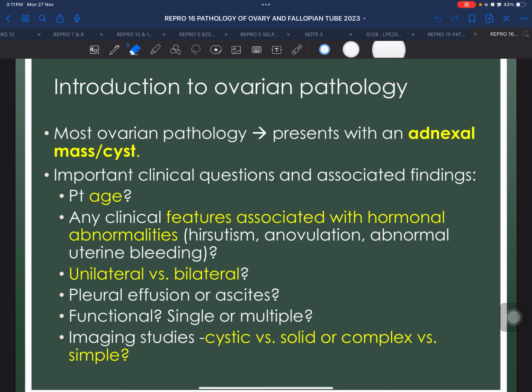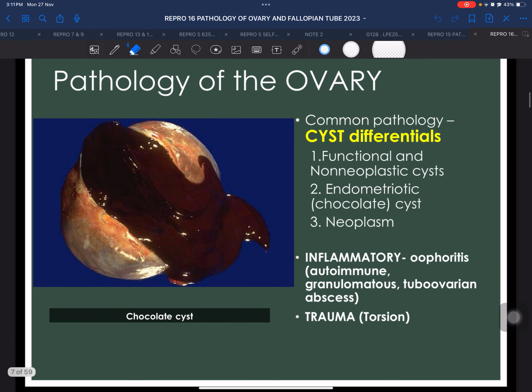Okay, because in the ovary, they commonly presented with cystic lesion. So the cystic lesion varies from non-neoplastic to neoplastic lesion. So you have functional non-neoplastic cysts, you have endometriotic cysts, and you have the neoplastic lesion that can present as cystic lesion.